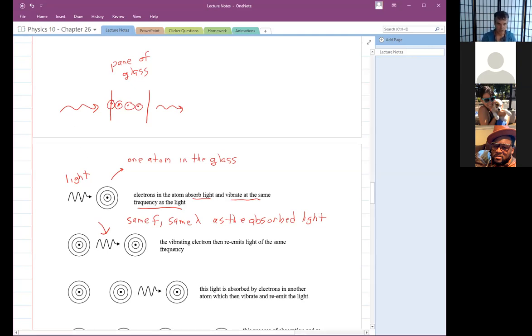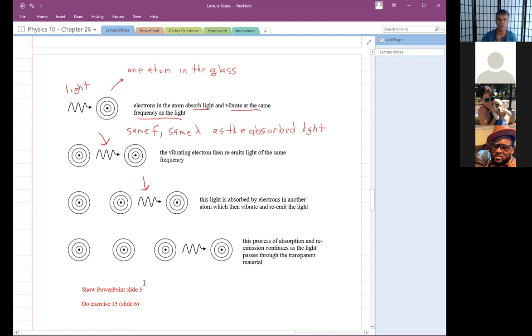So this light comes in, gets absorbed, causes the electrons in here to oscillate up and down, and they then produce their own light. That light has the same frequency and same wavelength. Then this atom will absorb this new piece of light, which causes this atom's electrons to oscillate up and down, which will then emit another piece of light, which is also identical.